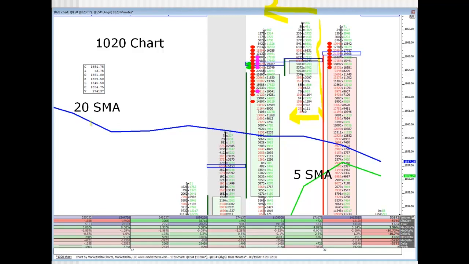I have the 20 simple moving average, and hopefully by now you've figured that that is a standard fixture on most of my candlestick charts. I also have the 5 simple moving average, another standard fixture, and if you'll notice the consistency of colors. So now you should begin to recognize anytime you see a blue line on one of my charts, or the charts that we're using for the course, that is going to be a 20 simple moving average.